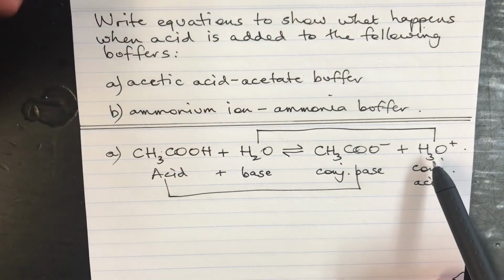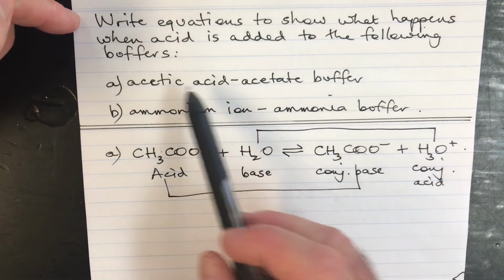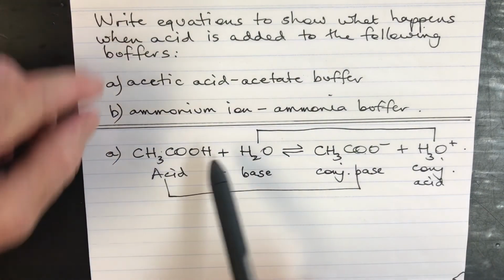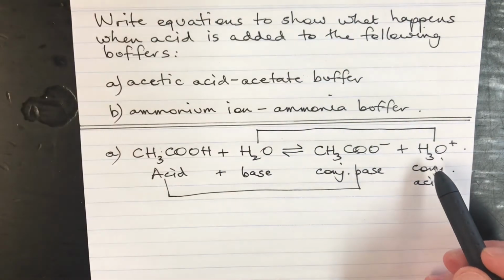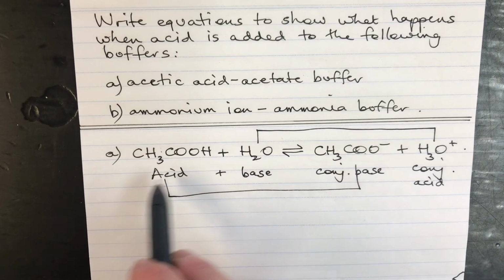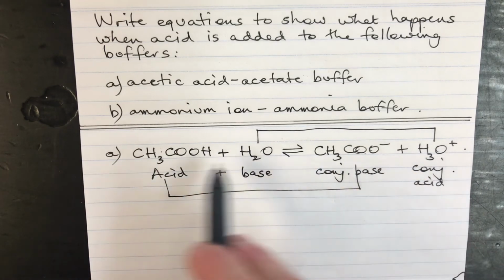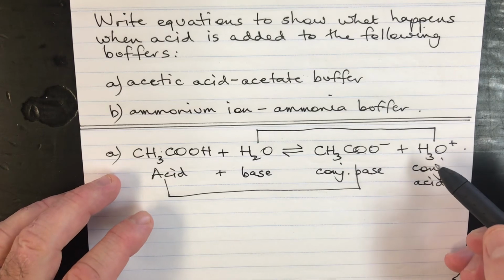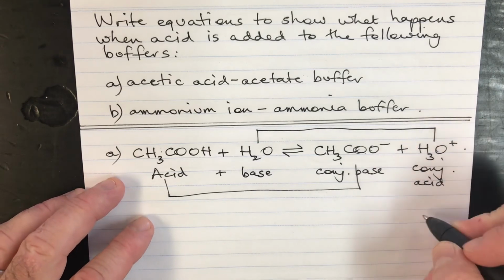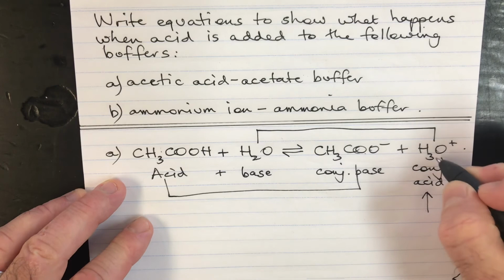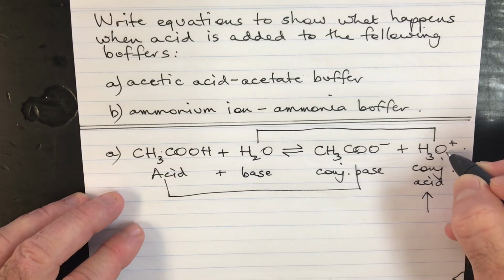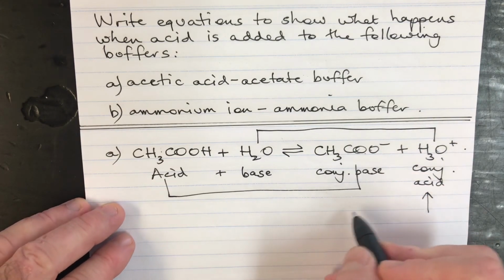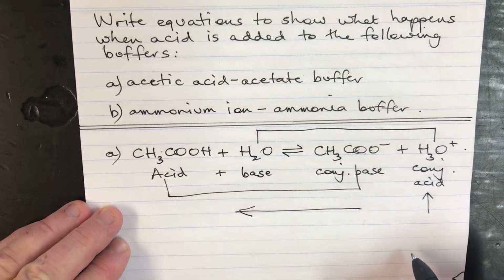Okay, so have we answered the question? Write equations to show what happens when acid is added. We've written the equation, but we haven't actually answered the question. So we've got this buffer solution system set up. If you added more acid, more hydronium ion, H3O+, the equilibrium would shift to the left.